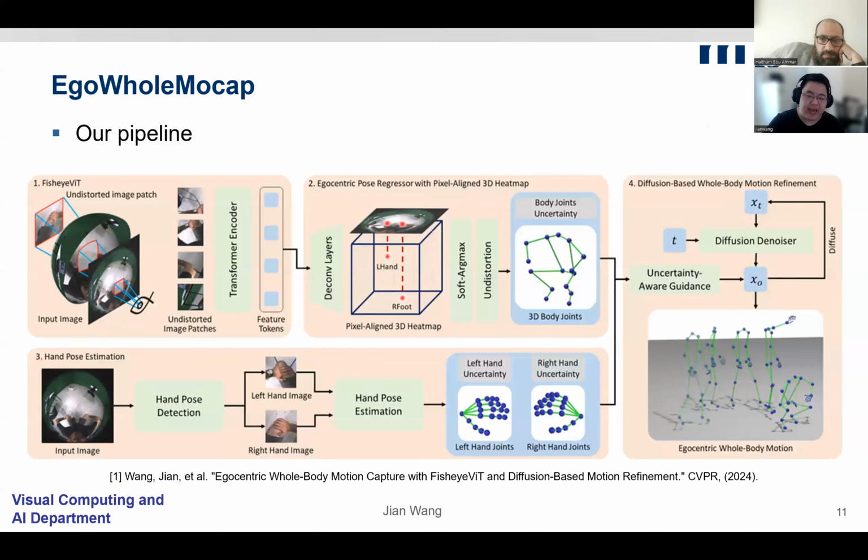Here we have a diffusion-based whole body motion refinement that actually learns a motion prior. The diffusion model is only learned from the AMASS human motion dataset. It's a large-scale human motion dataset, AMASS, right? So it captures the human motion prior. So the generated motion from the diffusion denoiser is always in the distribution of plausible motions, so you can basically guarantee that the motion is plausible.